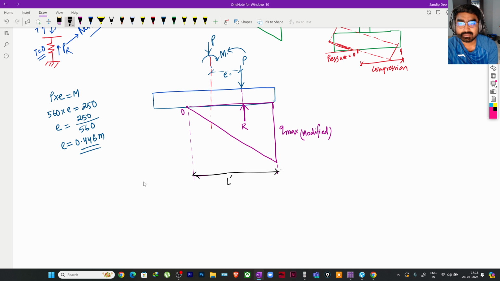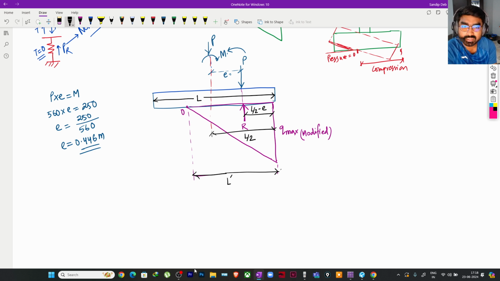If I consider the total width of the foundation as L, we know this eccentricity. Can we find this value? Very easily, from here to this dimension is L by 2, and if we subtract this eccentricity, this becomes L by 2 minus eccentricity, correct? So we can easily find this dimension.